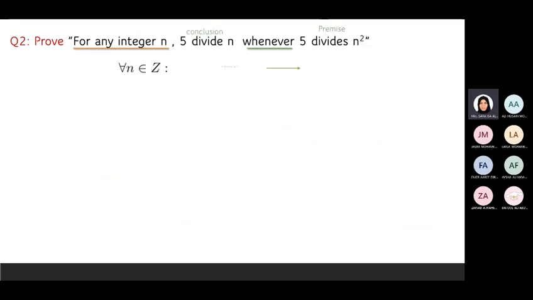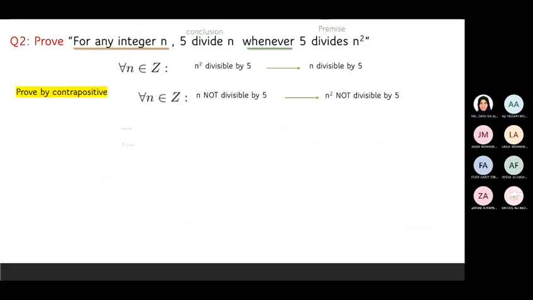Now if you remember here we said that we will assume ان ال n belong to z and ال n is not divisible by 5. We have to show that ال n square is not divisible by 5. So can I prove that ال n not divisible by 5 for every integer not divisible by 5?